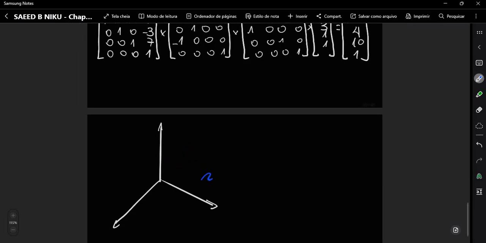That is the first transformation. O1, A1, N1.